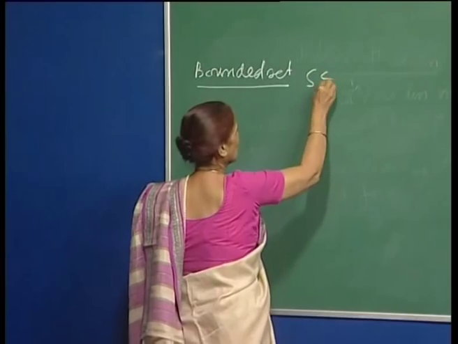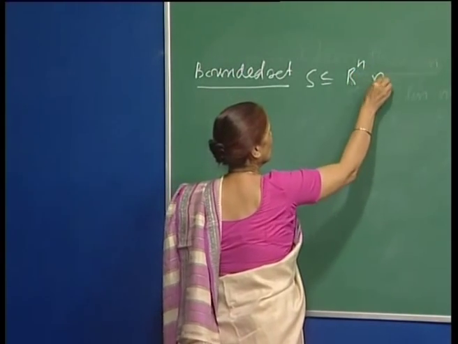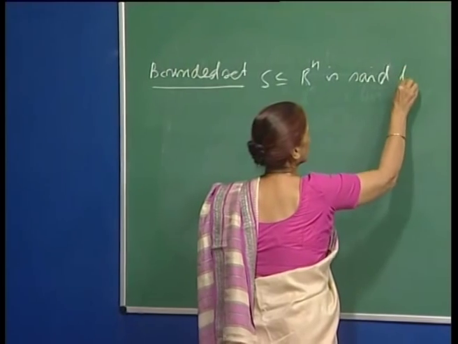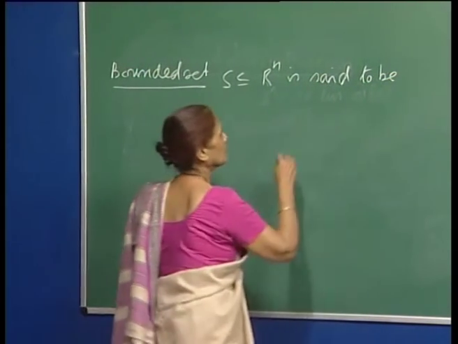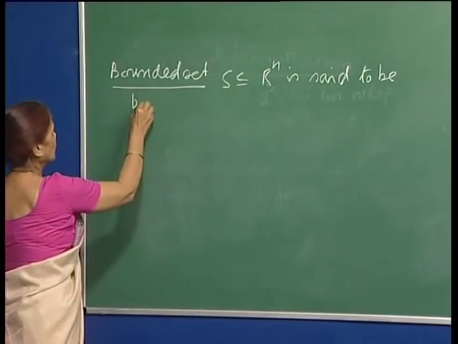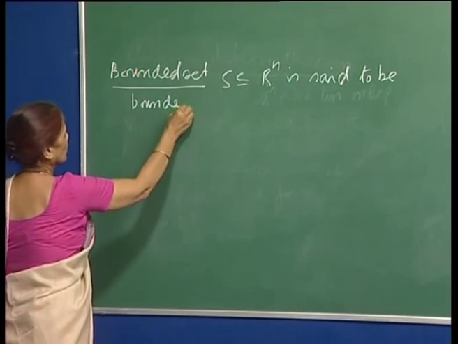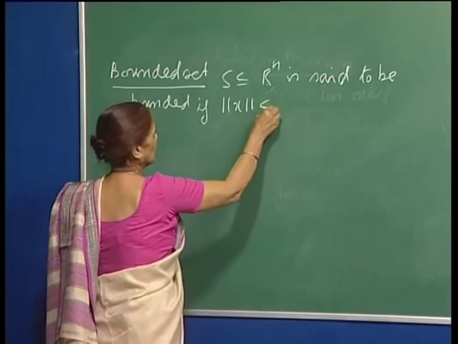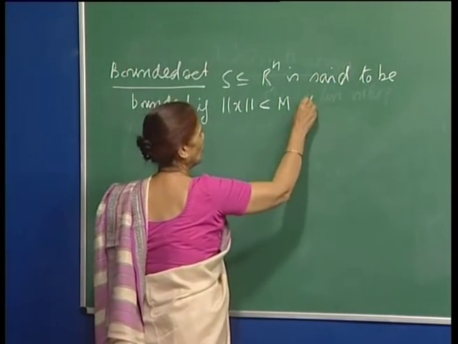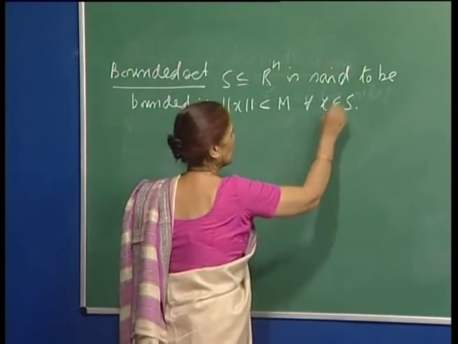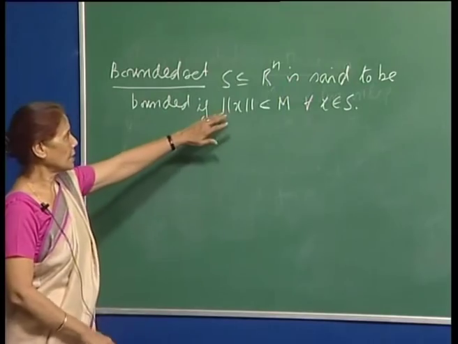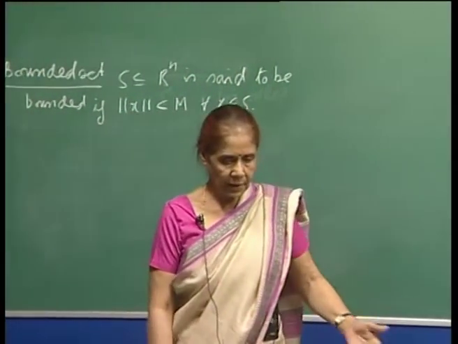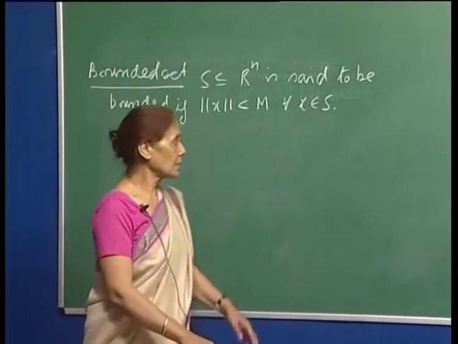So S contained in Rn is said to be bounded if norm x is less than some m for all x belonging to S. We have already introduced the concept in my earlier lecture when I was talking of the mathematical concepts.